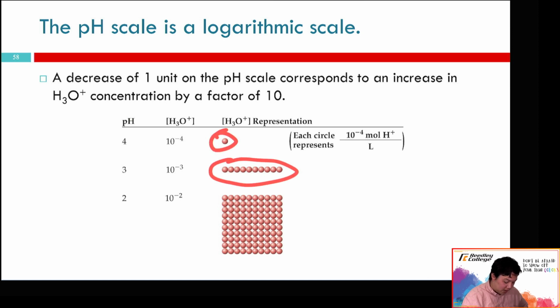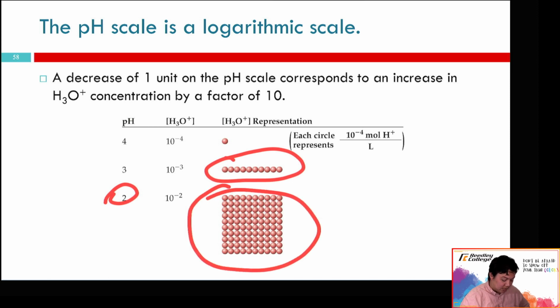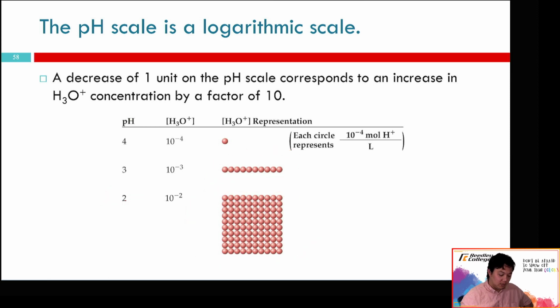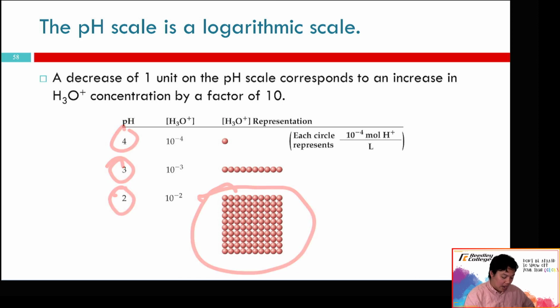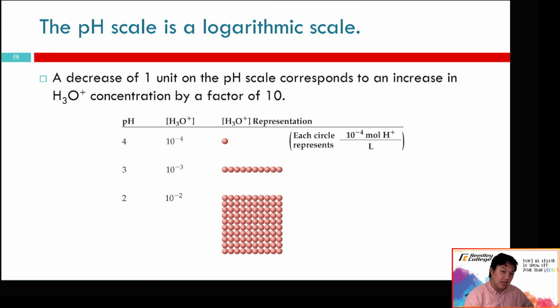So we go from 1 hydronium to 10, and if we go to 2, that's times another 10, so that's 100. Because this is times 10 to the minus 2, it's 1 over 10 times 1 over 10. So as this pH gets smaller, our concentration gets bigger every time by a factor of 10.